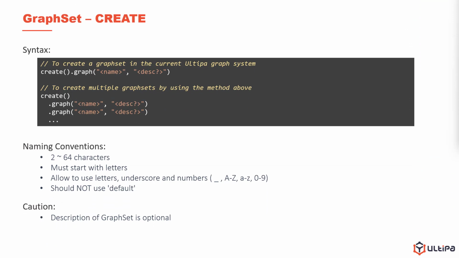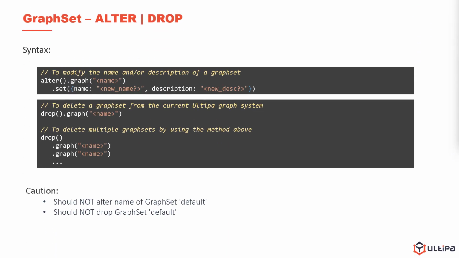Creating a graph set requires the graph set name, which is mandatory, and the description, which is optional. It is allowed to create multiple graph sets in one command. Please follow the naming conventions when providing the graph set name. We can change the name or description of only one graph set at a time, but we can delete multiple graph sets at the same time.